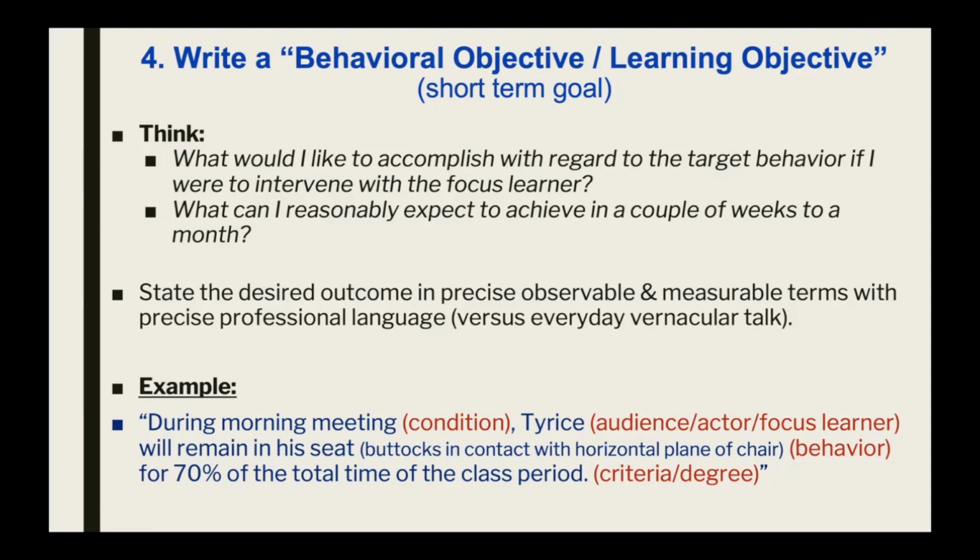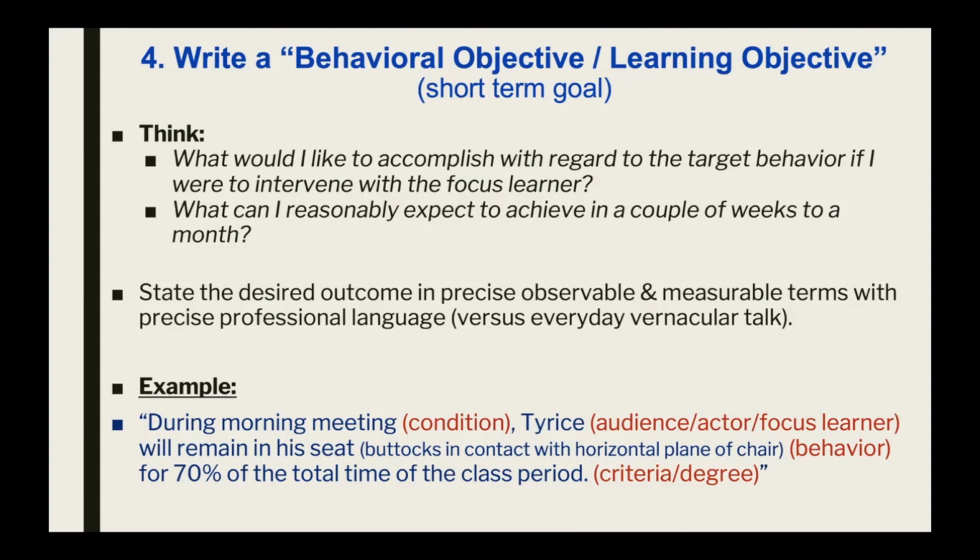So you think, okay, what would I like to accomplish with this student if I were to intervene? For most of you, this will be hypothetical. What do I think I could accomplish in a couple of weeks if I decided to intervene with this student? Where would this student be at that particular point?